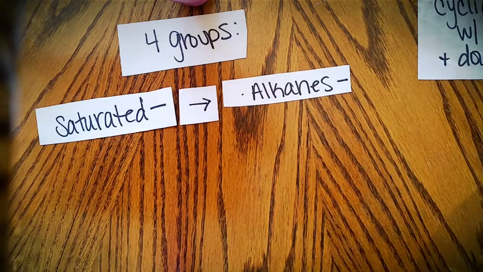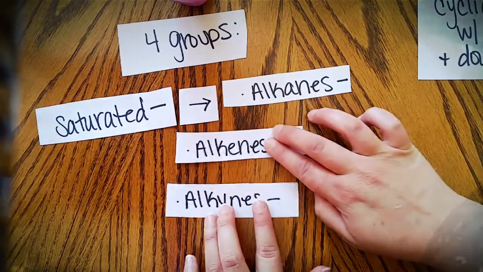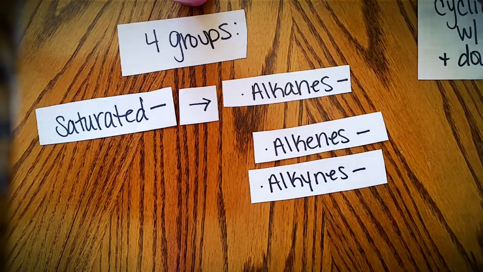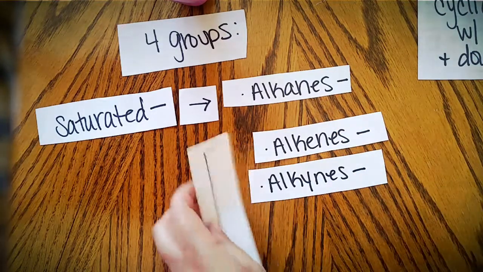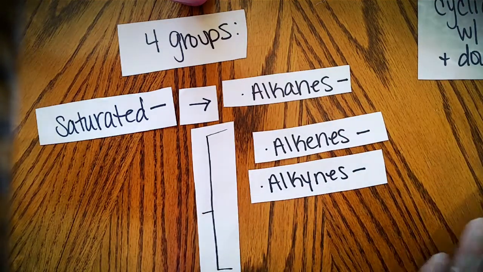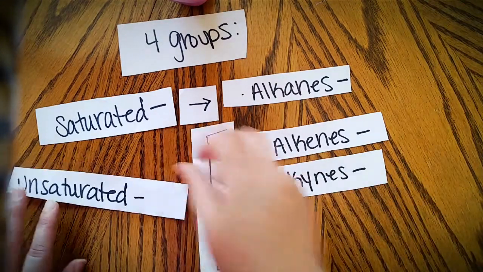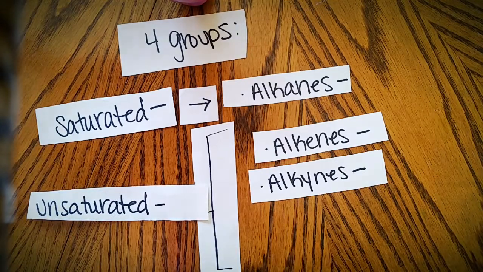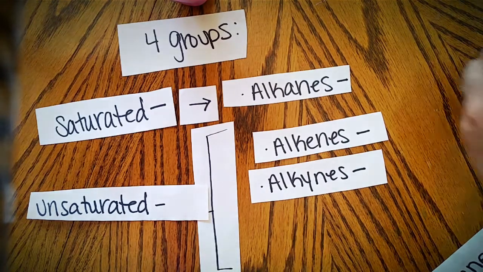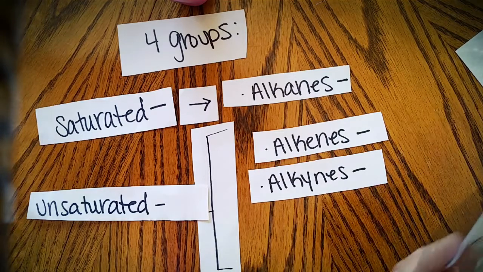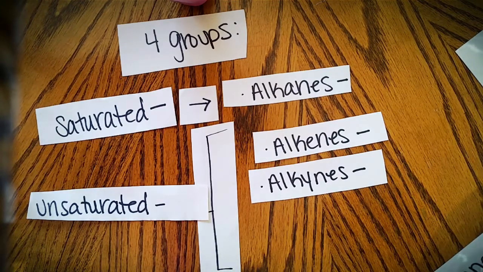Now, alkenes and alkynes, because they contain one or more double bonds or a triple bond, these are considered to be unsaturated. So they're not going to have as many hydrogens as their alkane counterparts because they are missing some hydrogens because of that double bond.